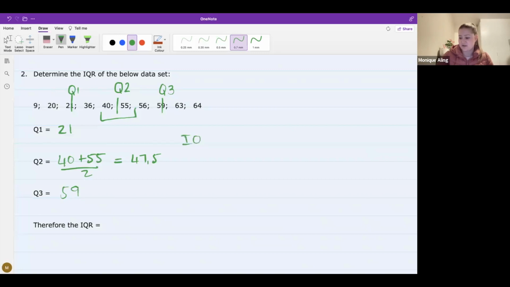So our interquartile range is 59 minus 21, which gives us, you all say, yeah, 38. Nice, Ayabunga, well done. Okay, looks like we all are happy with finding quartiles and finding the IQR as well as finding the range.